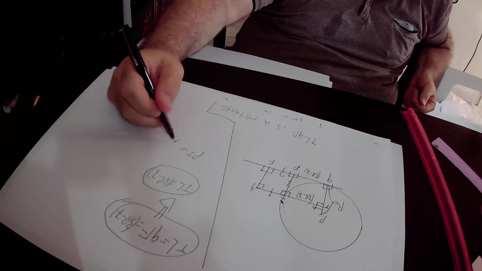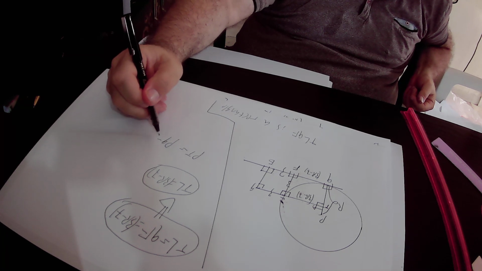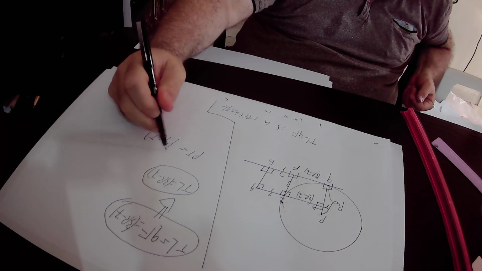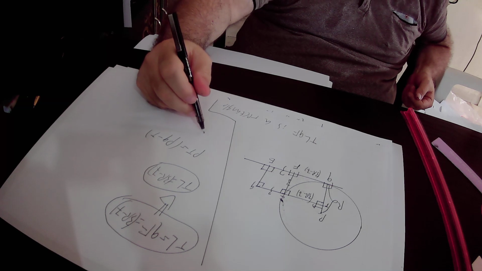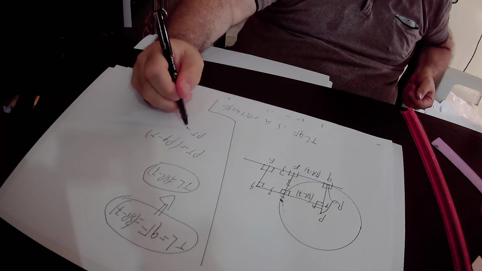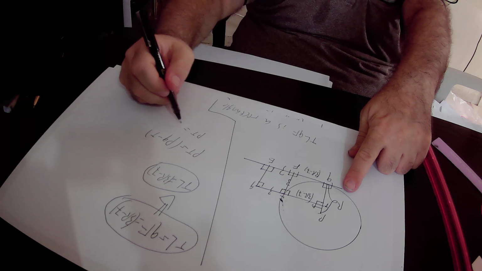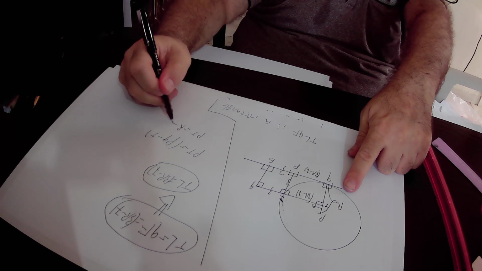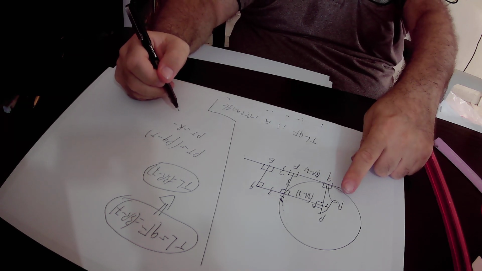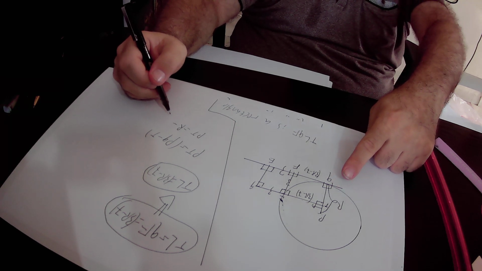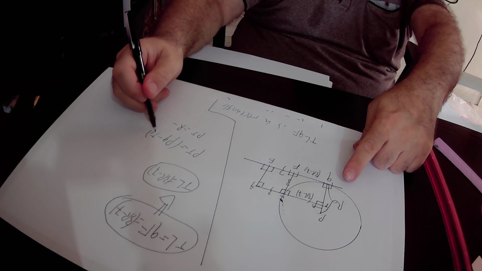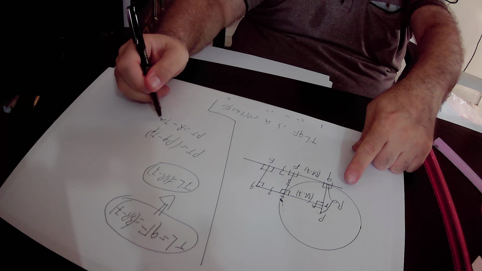PQ is the radius of this big circle, that is equal to R, minus TQ. What is the value of TQ?